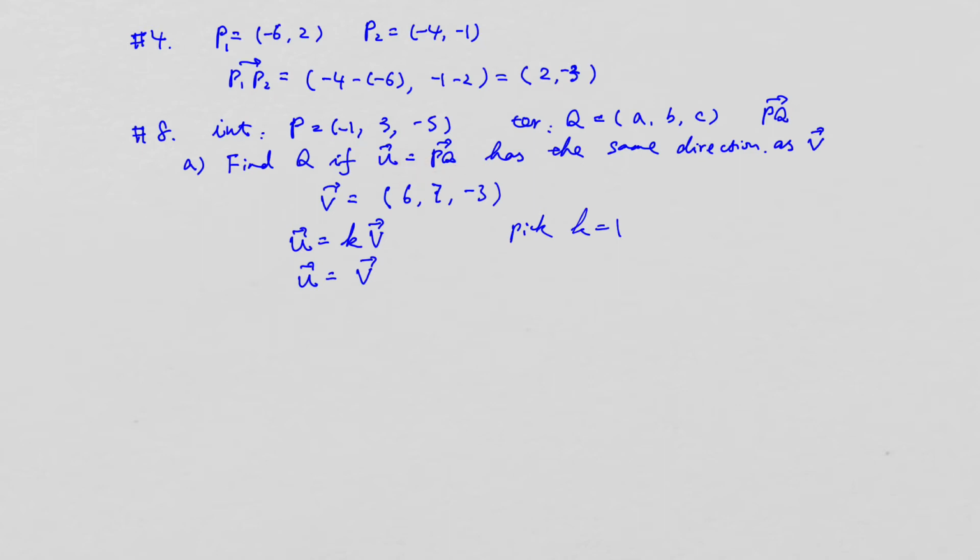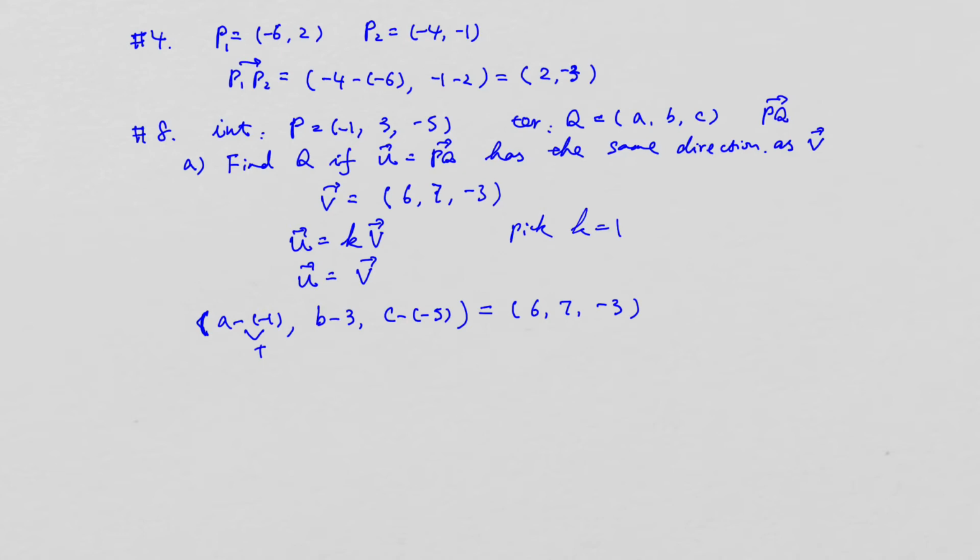Now my PQ is equal to Q minus P. So that means A minus -1, B minus 3, and C minus -5, and that's equal to V, which is 6, 7, -3. From here, we can do the algebra.